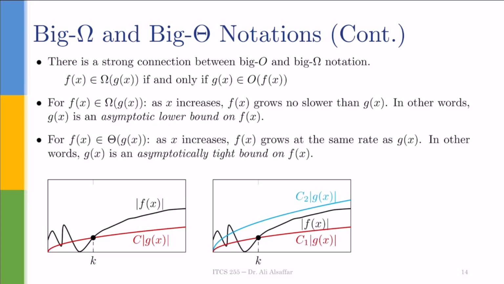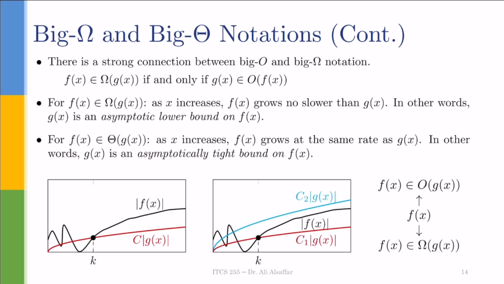Now for big theta, as x increases, f of x has the same rate as these two functions. So we say that they are an asymptotically tight bound. That means it will never grow faster than c2 g of x, and it will never grow slower than c1 g of x.